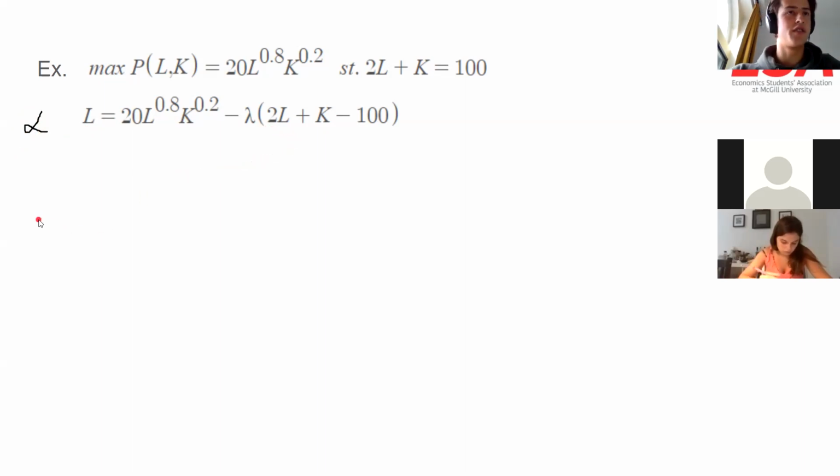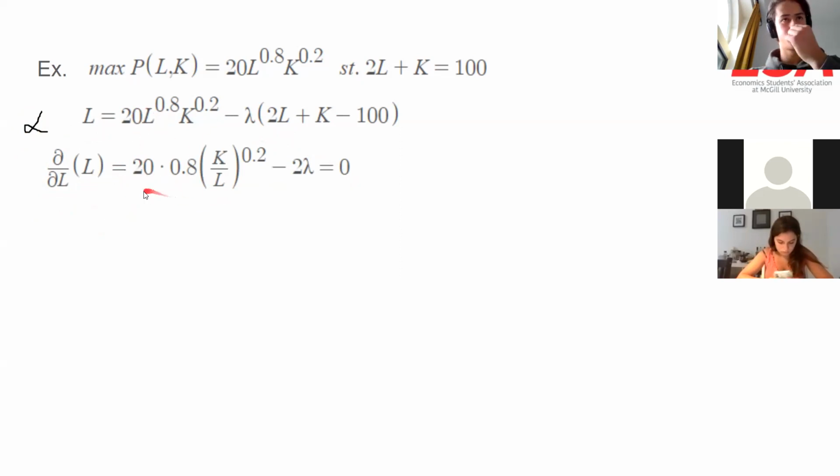So look at our first order conditions. We'll get the first one, which is with respect to labor. So we get this derivative, which is 20 times 0.8, and then we take one off the 0.8. We'll do the same thing here.